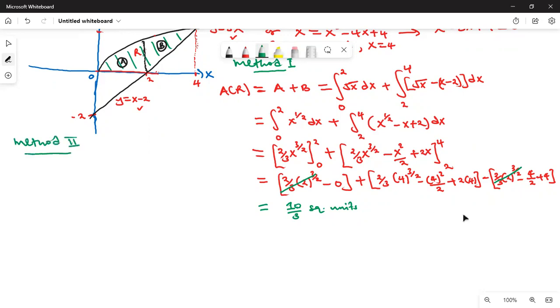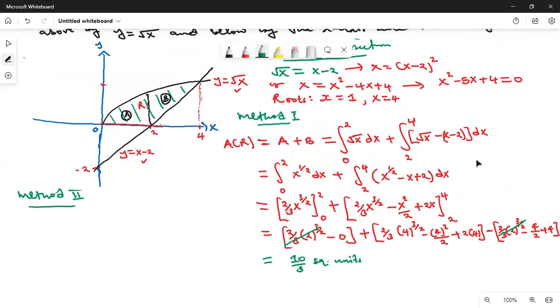Method 2 is what I had explained earlier, that you integrate the first function, the f of x, because this is our f of x, and this one is our g of x. So that area can also be given by area of the region R is the same as the integral from 0 to 4 of root x dx minus, you see that will give us the area between root x and the x-axis between x equals 0 and x equals 4.